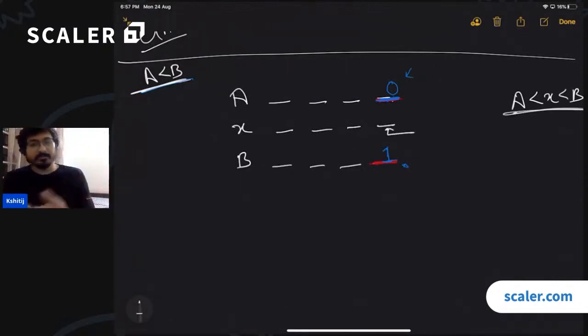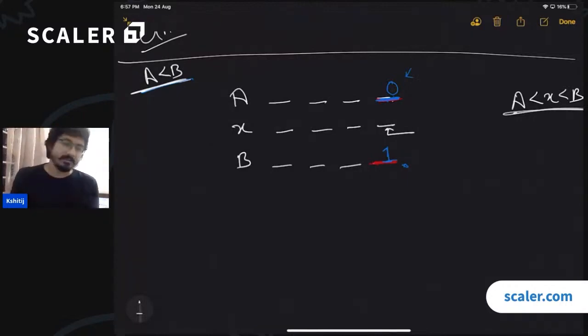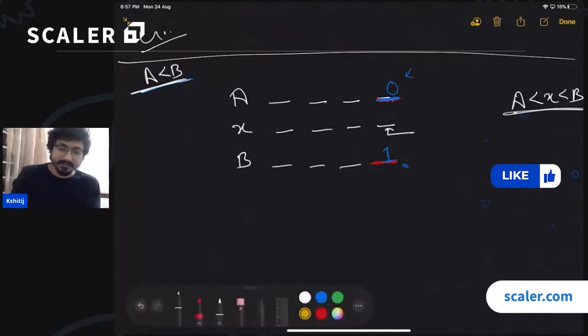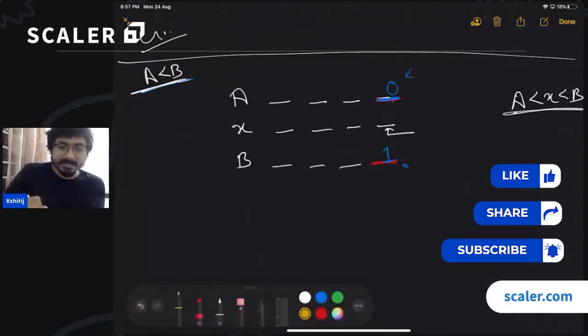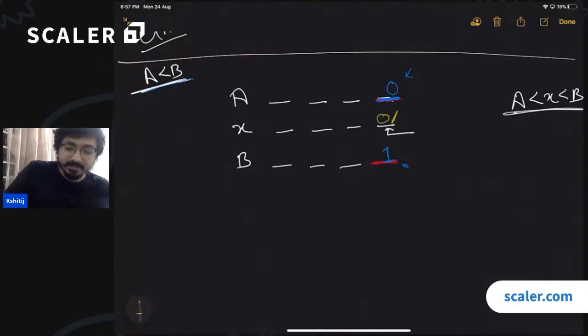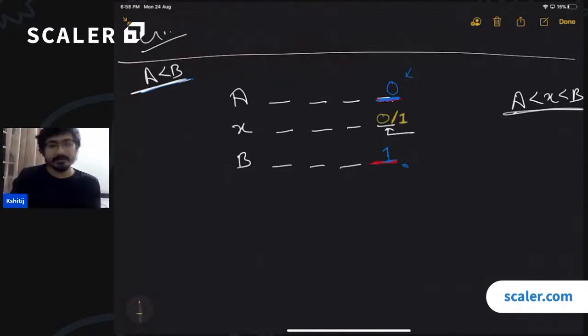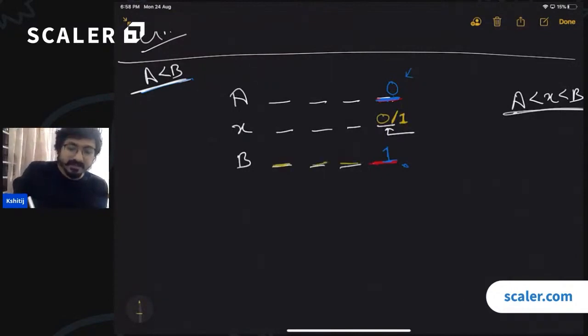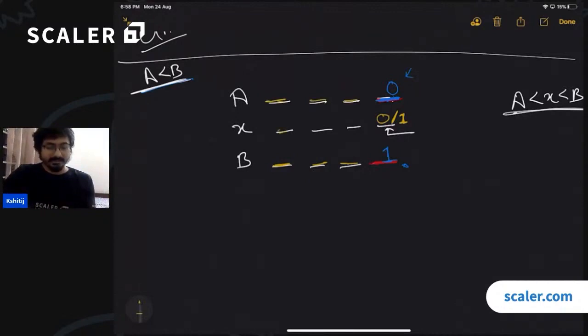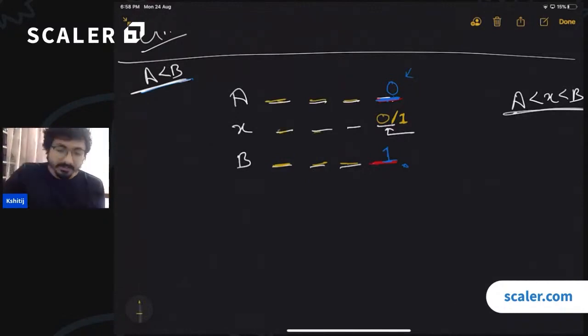Is it going to be 0 or 1? It can be anything, right? It can be 0, it can also be 1, because these bits are the same in A and B, so we are not sure about what is there in these places in X.